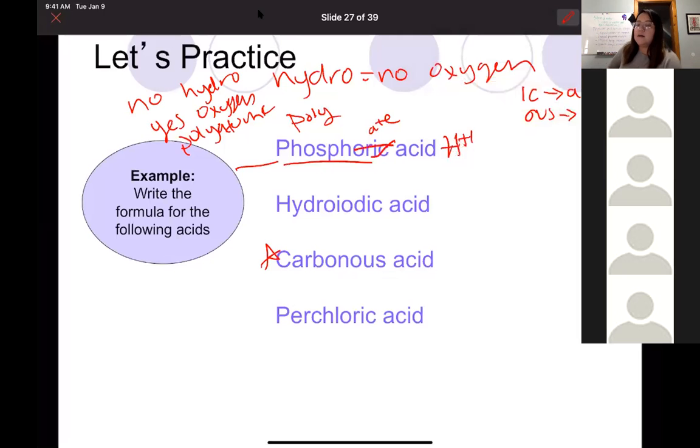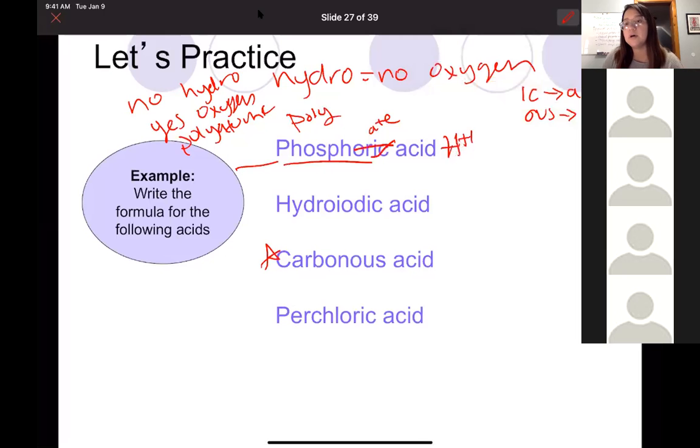So that's why we take it off, and I mentioned that yesterday. I'll make sure I mention that tomorrow and today as well. So phosphate, we actually take off the whole ORIC. So this would be phosphate, and you're going to be looking for phosphate in your polyatomic sheet.